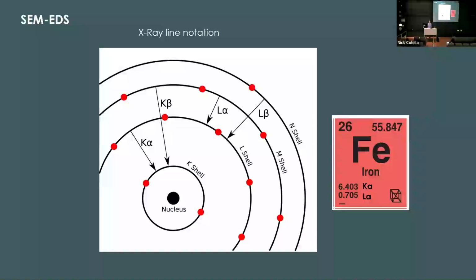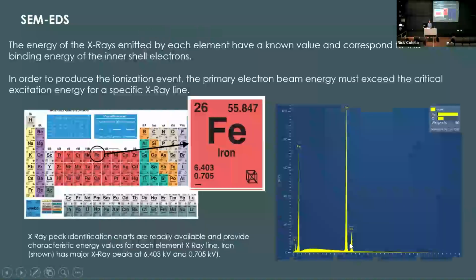We refer to the different X-ray lines as something like K alpha, K beta, depending on which orbital the vacancy was created in. For K alpha, it would be created in this innermost shell, and then it depends on where the replacing electron came from. The K alpha peak here is the one that we see at 6.4. The K beta is this little one next to it. Typically the major notation is going to be for the alpha line in each group.